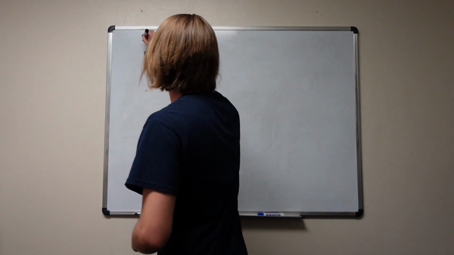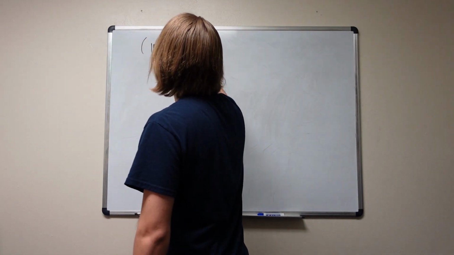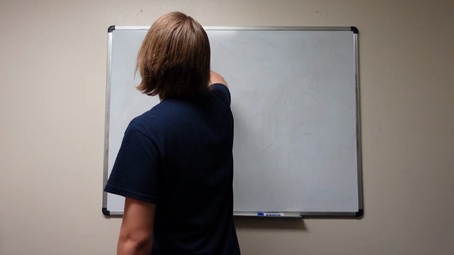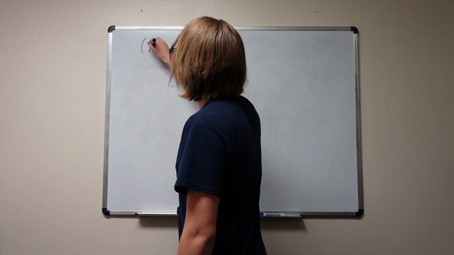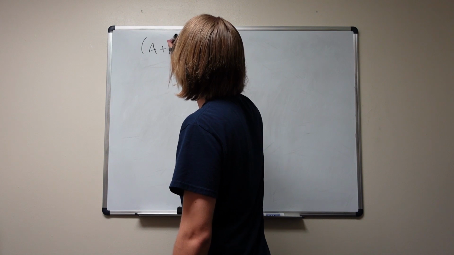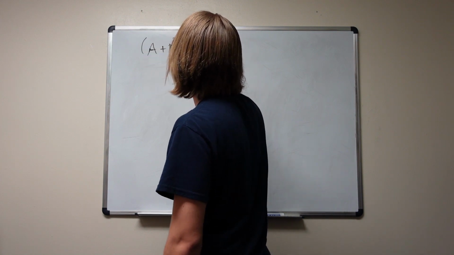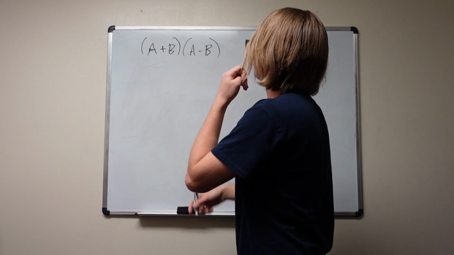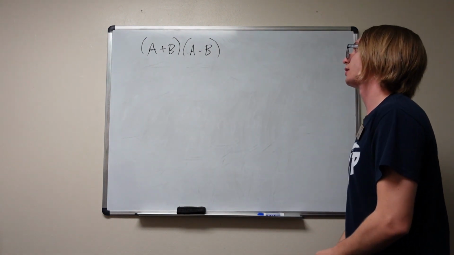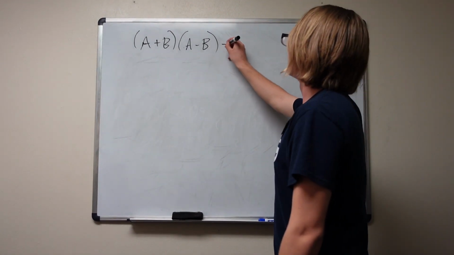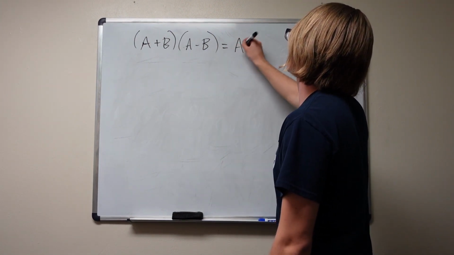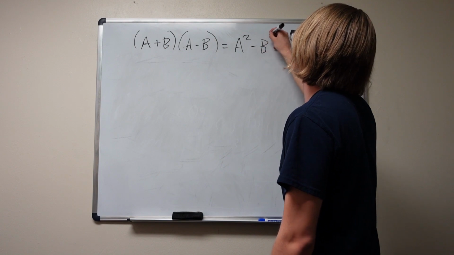So if we have a plus b multiplied by a minus b, where a is a certain number and b is the distance from that number, then you could rewrite this as a squared minus b squared.